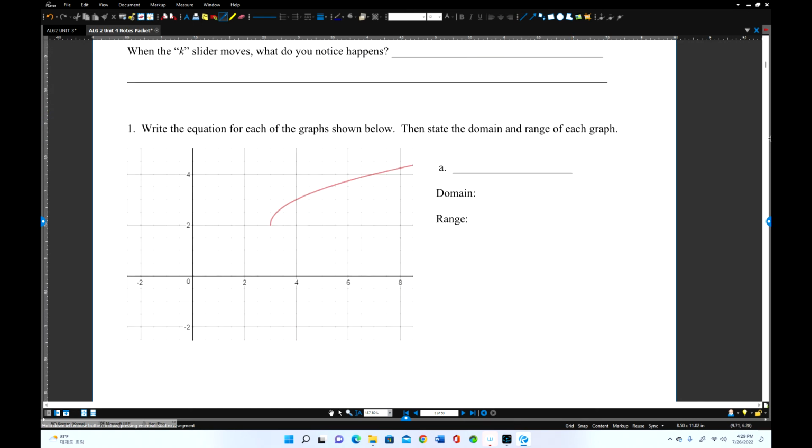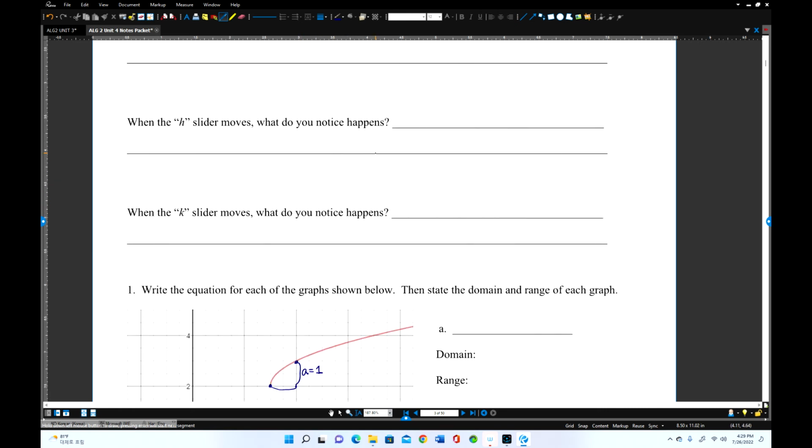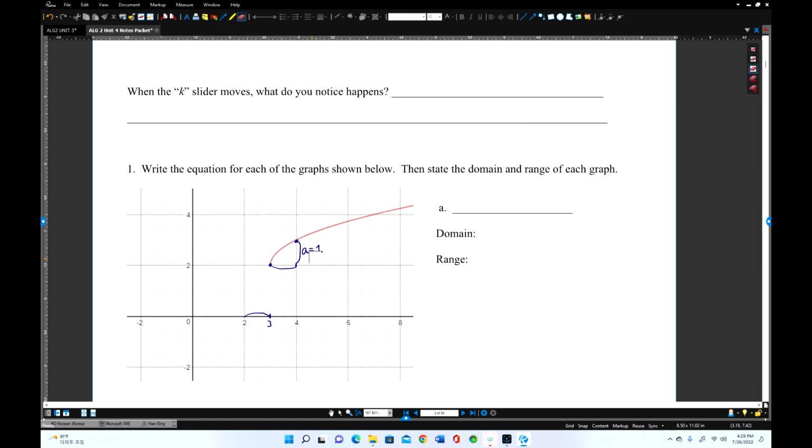Okay, now let's find the equation over here. This is 1. This is 1. 2 units is 1, right? This is 3. Okay, this is 2. If it is 1 and 1, the value of a always equals 1, right? Because this point is 2, that is a stretch of 2. You can simply find the value of a.